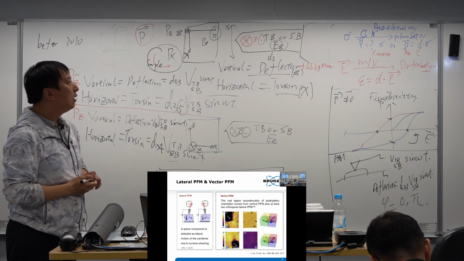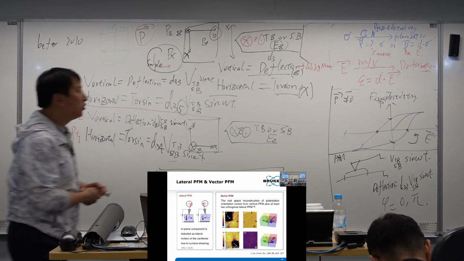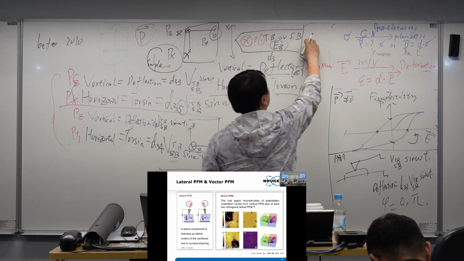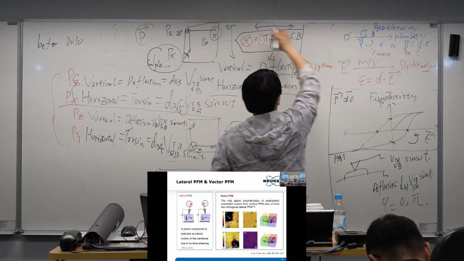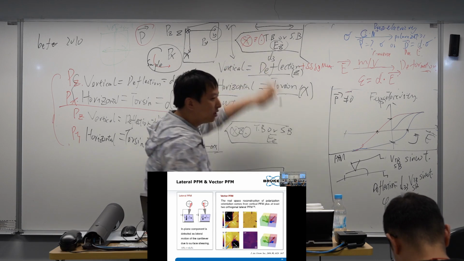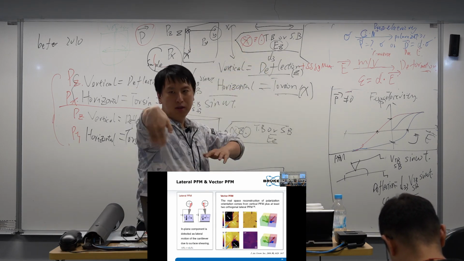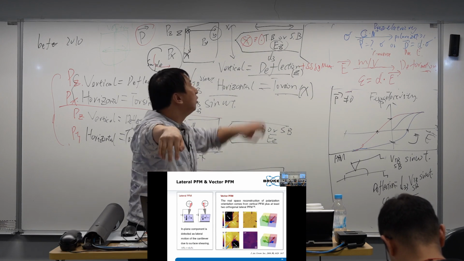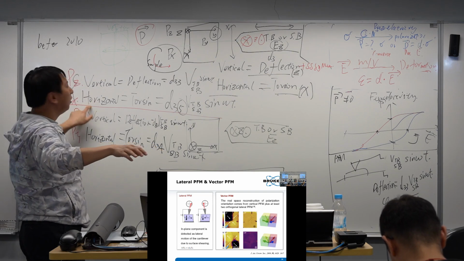Rotate the sample. And actually, we always recommend you to scan in this fashion, because if you scan in this fashion, the friction between the tip and the sample will be this way. So no friction signals will go into your horizontal.